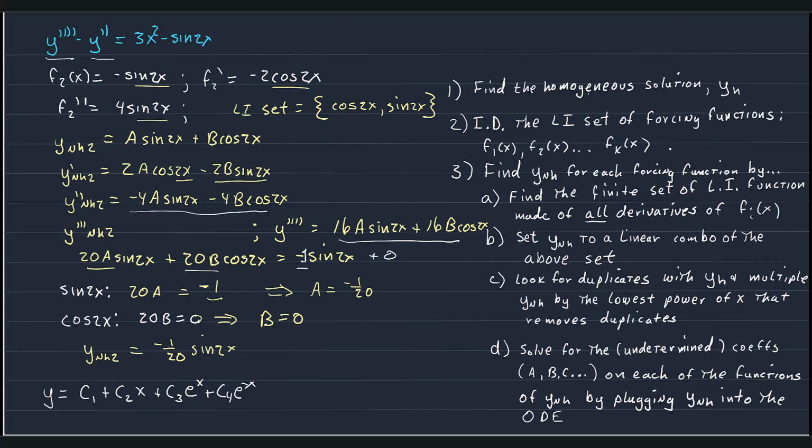And then our first non-homogeneous solution was minus 1/4 x cubed minus 3x squared, and then our last non-homogeneous solution was minus 1/20 sine 2x.